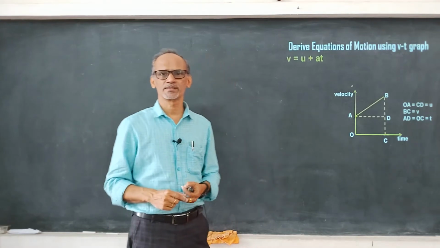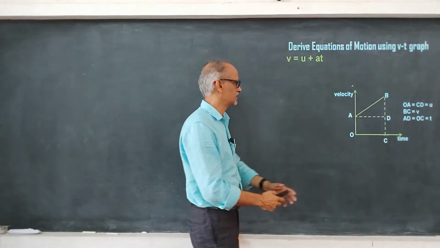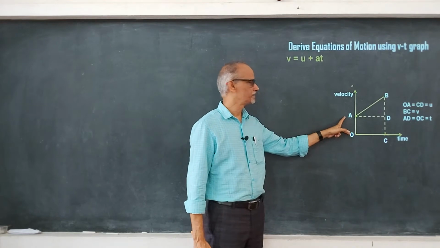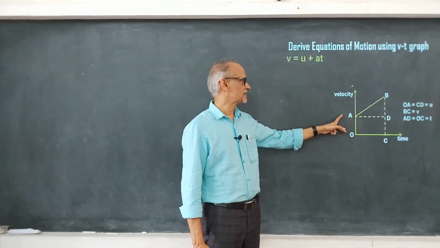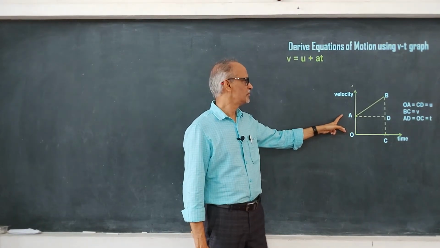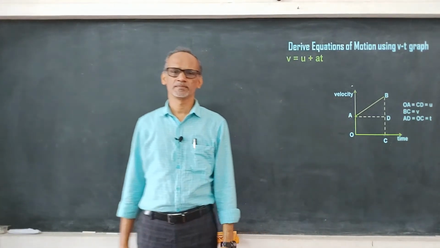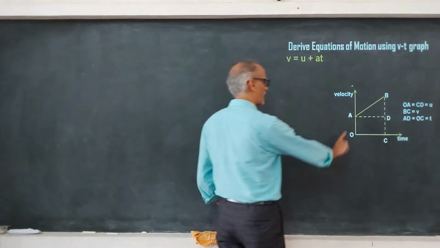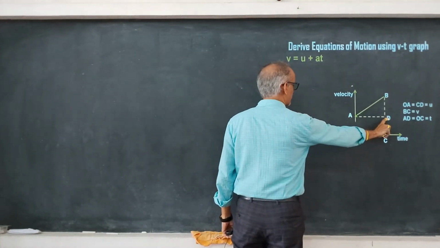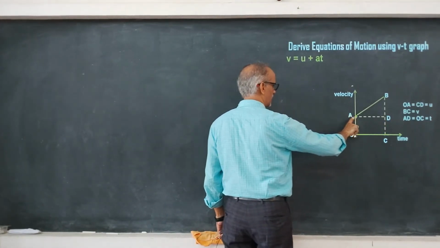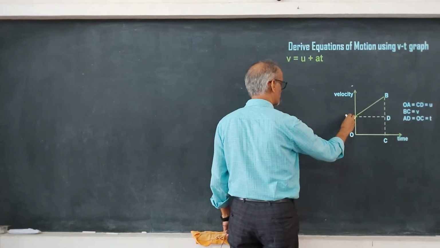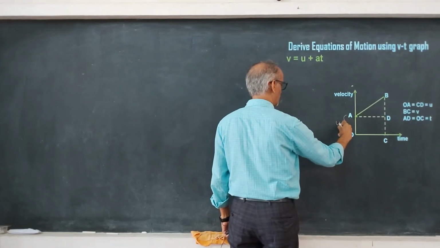Initial velocity is not zero. Therefore, in the diagram, this OA represents u, the initial velocity. Can you see that? OA and CD are equal, right? So this is the u, initial velocity.